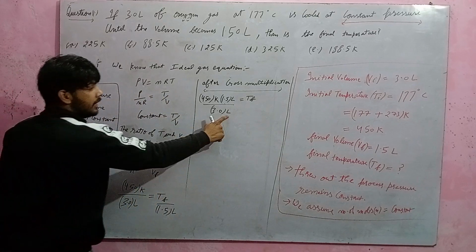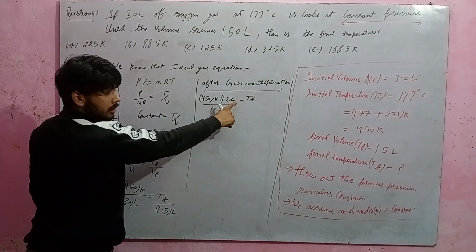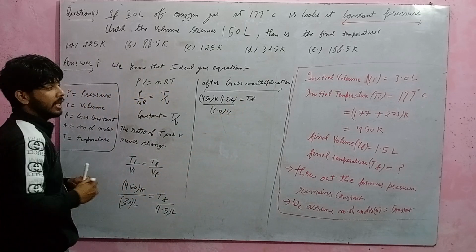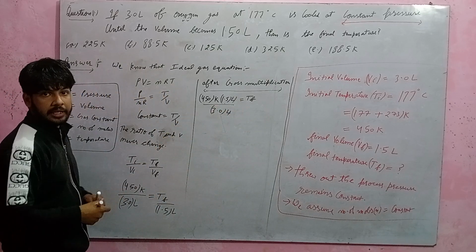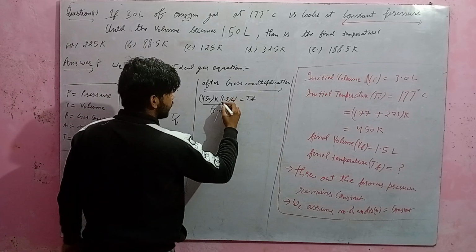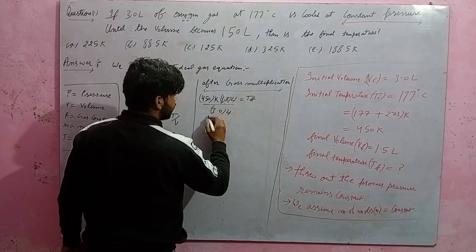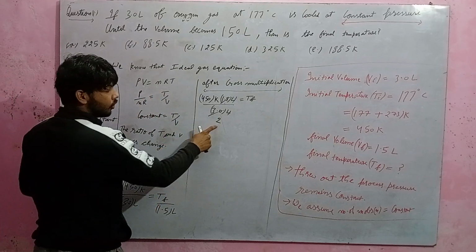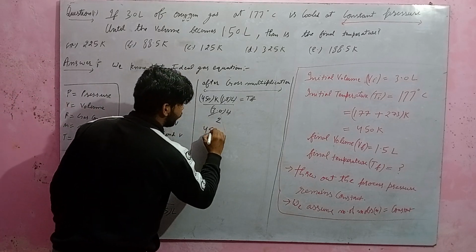Here the liter units are the same, so they can be cancelled out. We also know that 15 twos are 30, so after solving, this cancels.